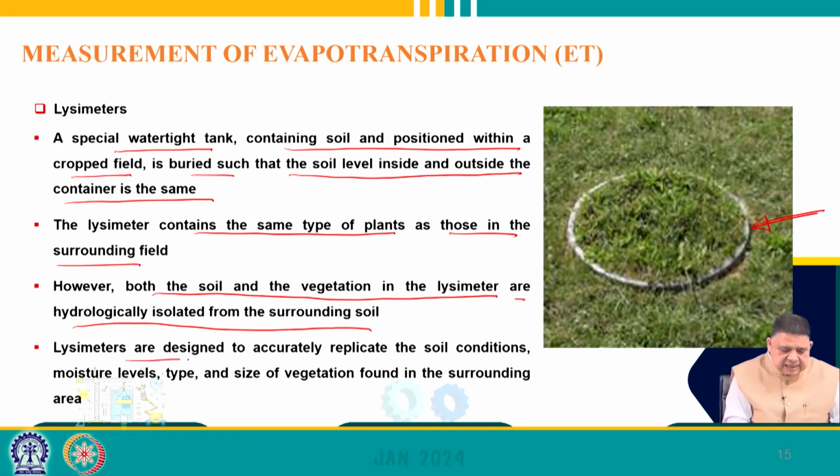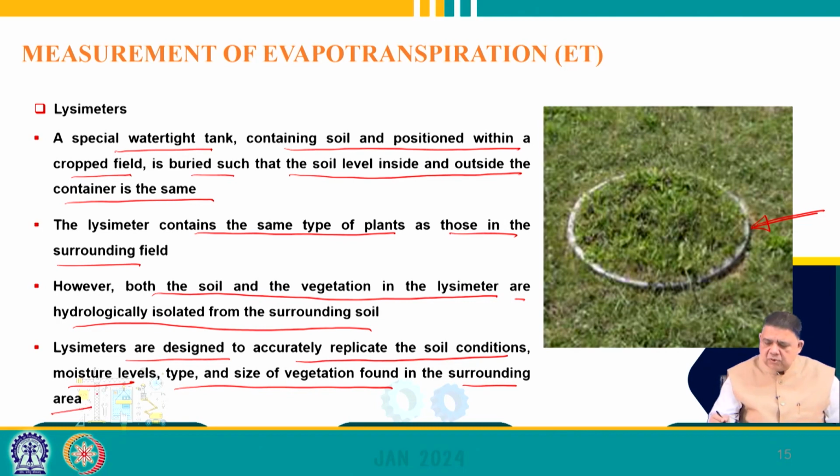They are designed to accurately replicate the soil conditions, moisture levels, and type and size of vegetation found in the surrounding area, all conditions remaining the same. Most of them have the facility to measure various components of the hydrological cycle, and thus they can very easily give us a value of evapotranspiration.